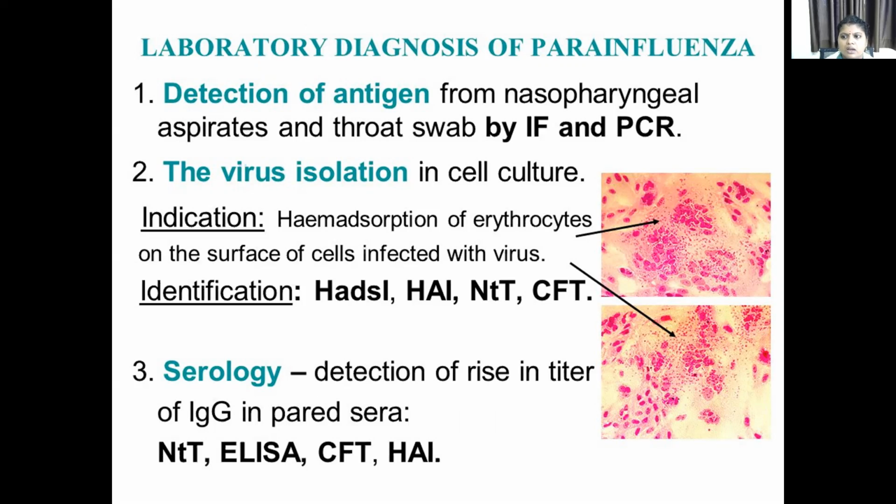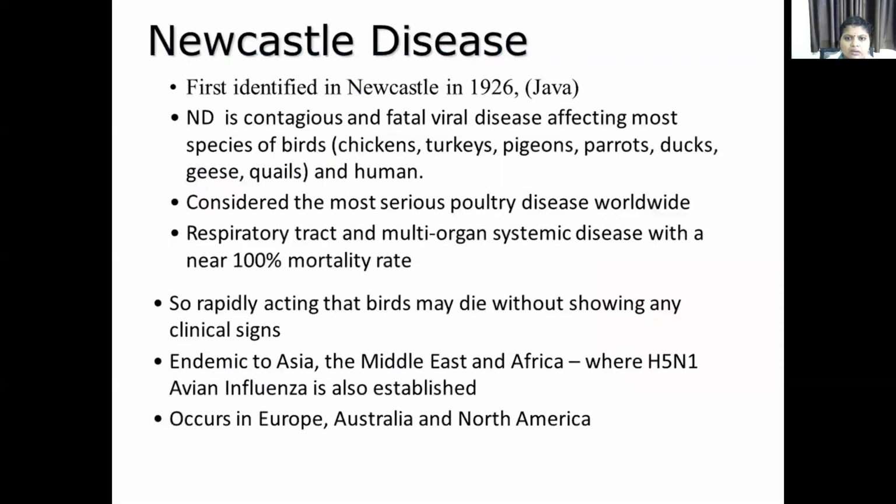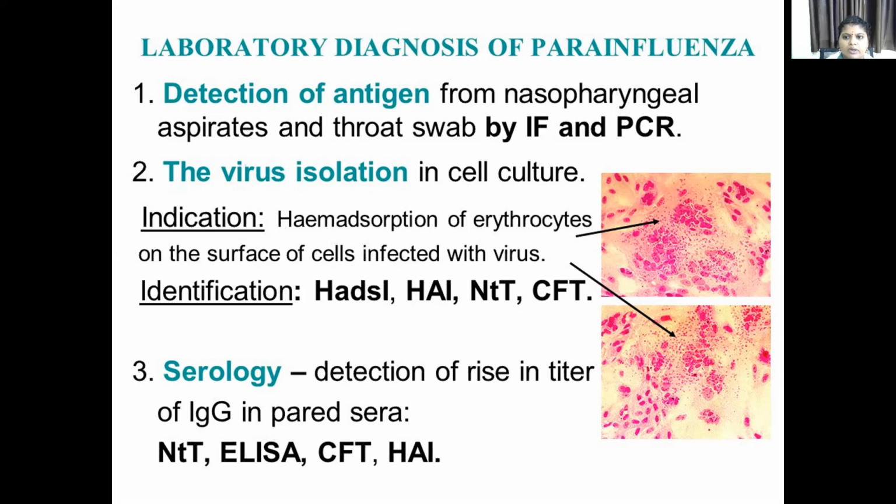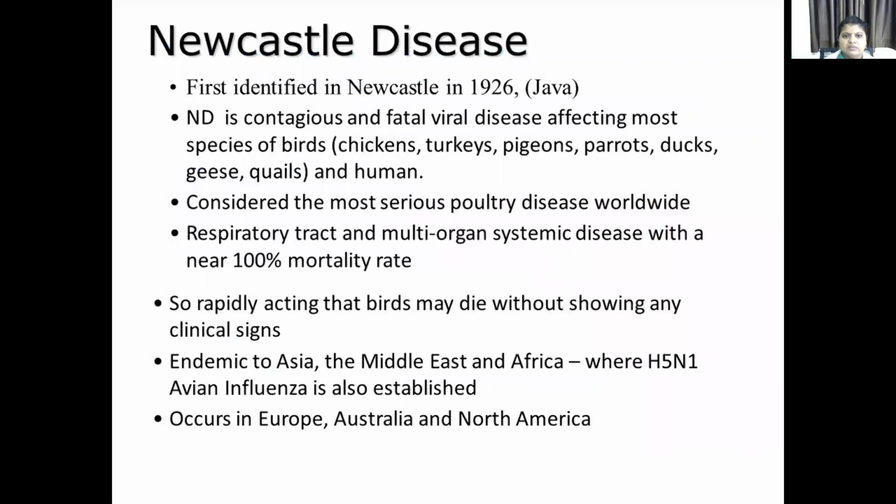This is about the parainfluenza viruses. Usually it causes upper respiratory tract infection in infants in case of type 1 and type 2, and type 3 usually affects children.